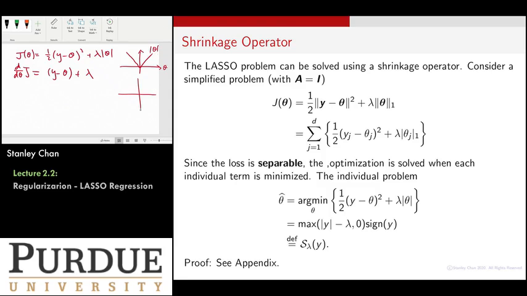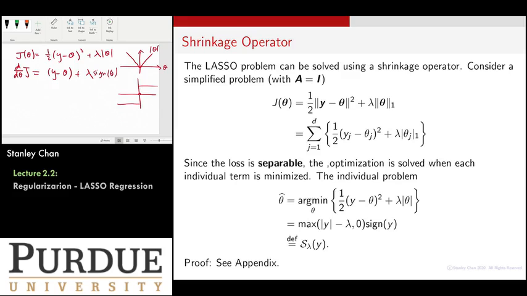The slope on the positive side is 1. The slope on the negative side is -1. So it would be the sign of theta. It's either plus or minus, and if you're at 0, it can be anything. That's just the definition of the sign function.